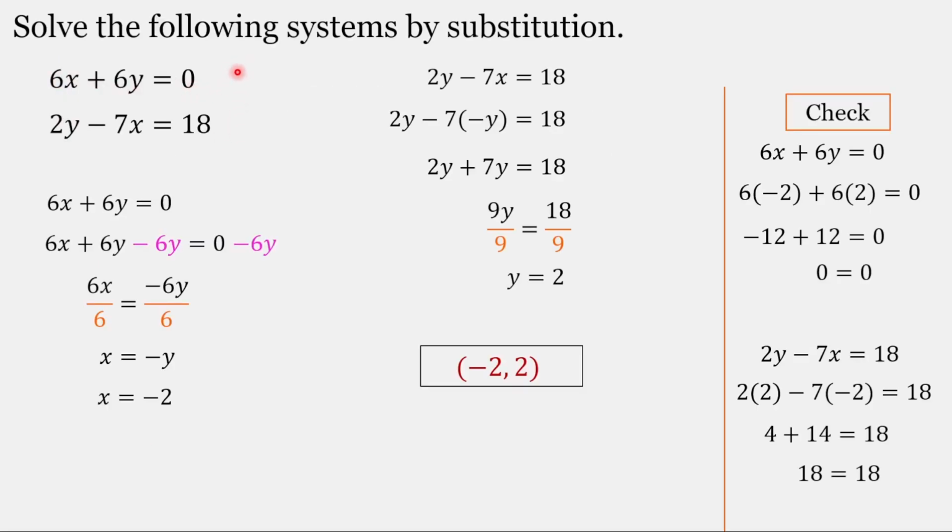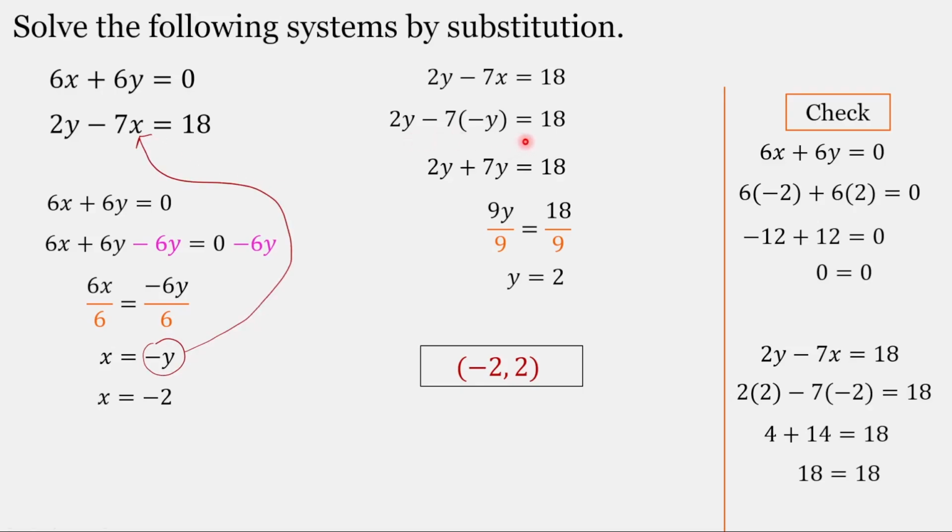So for this first problem, I went ahead and solved for x in this first equation. So we have 6x plus 6y equal to 0. Solving for x, we end up with x equal to negative y. We then plug this value of x into the second equation.